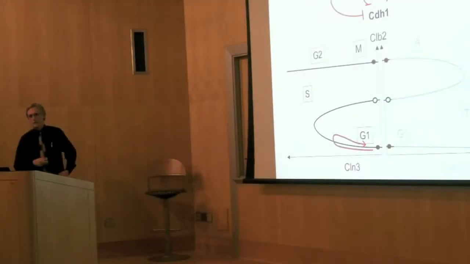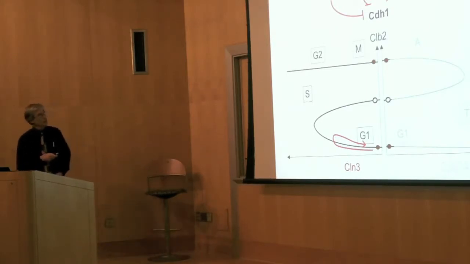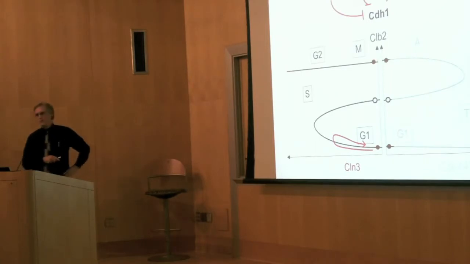A very elegant trick was devised by Fred Cross, which I'm going to explain in the next slide, but I've got to prep you for it so you can understand, because it's a pretty tough experiment. What Cross did, he knocked out Clin2 and those kinds of cyclins, and he expressed a cyclin called Clin3 with some special properties, which I will explain. And he was able to control the activity of Clin3.